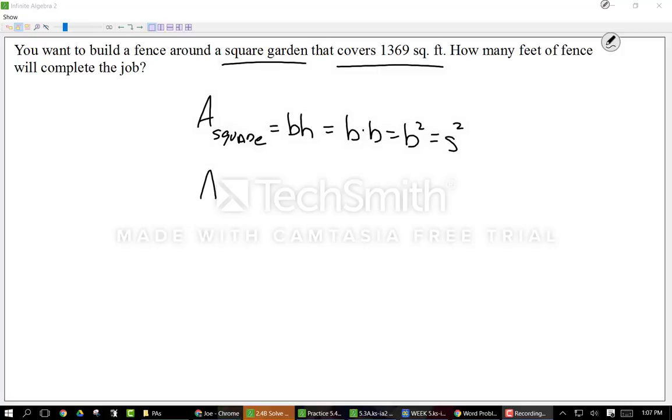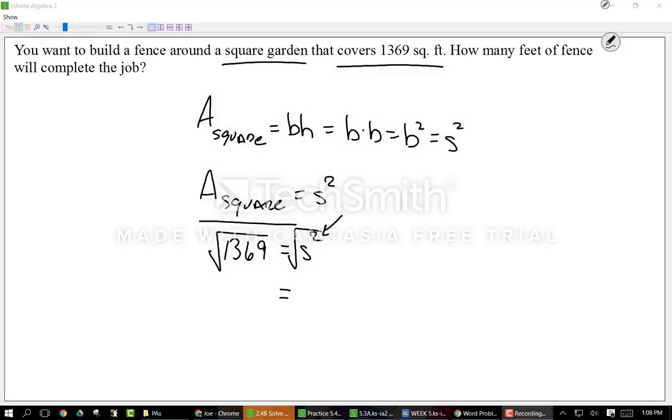So if I know the area of a square is equal to s squared, I know that 1,369 equals s squared. This is where that 4th way of solving quadratics comes into play. Because I isolated the square here, I can take the square root of both sides.